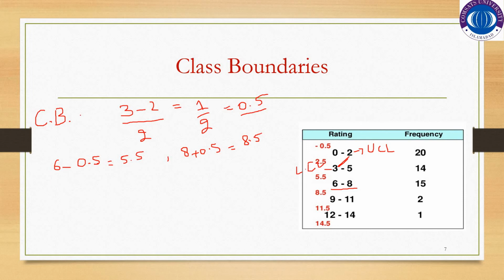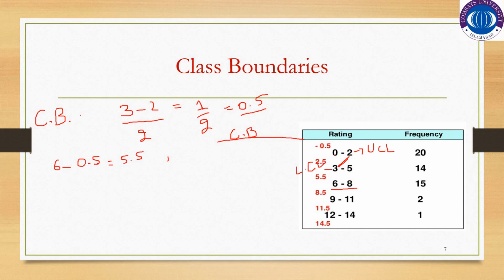Okay. Now, if I make a class boundary table for the given example, I will have a column like this: class boundaries. We have calculated the number, that was 0.5.